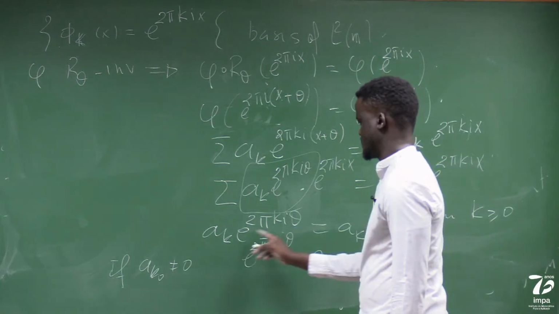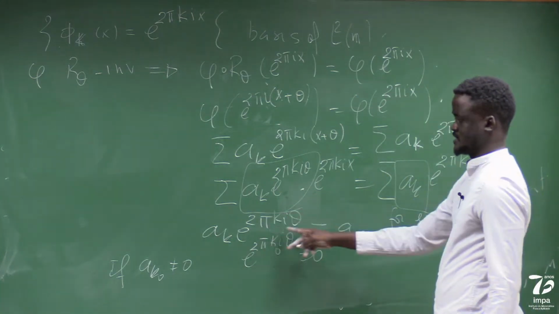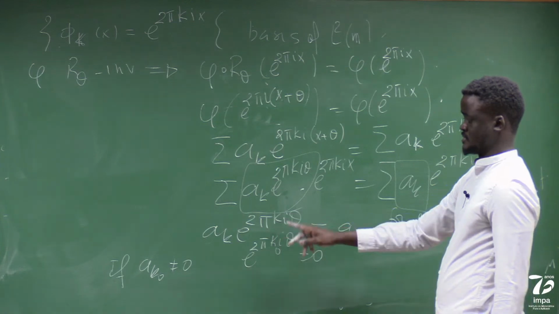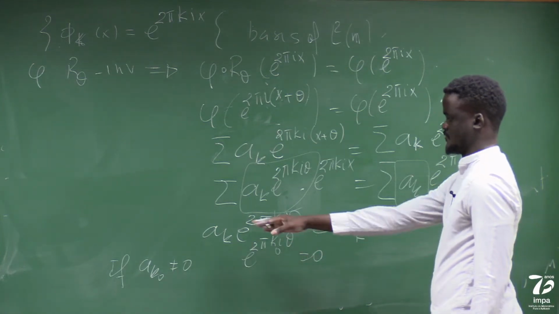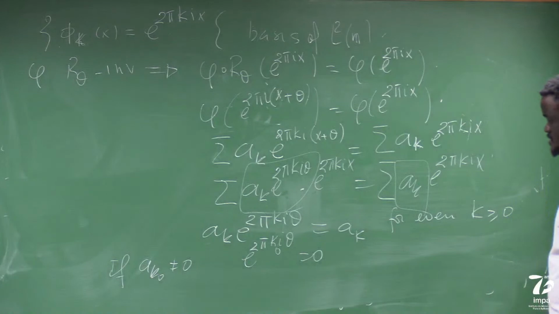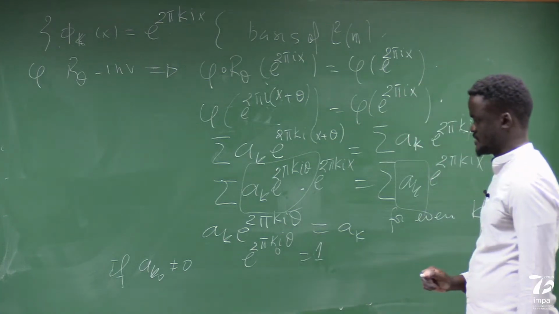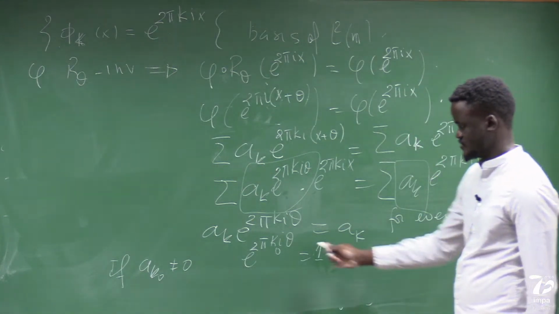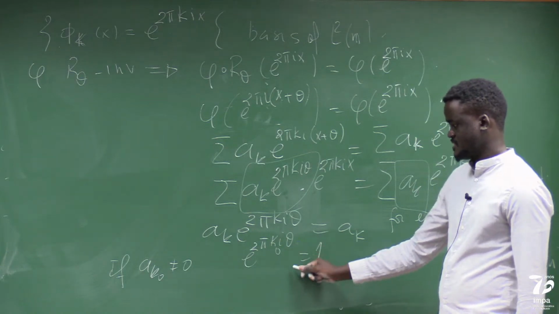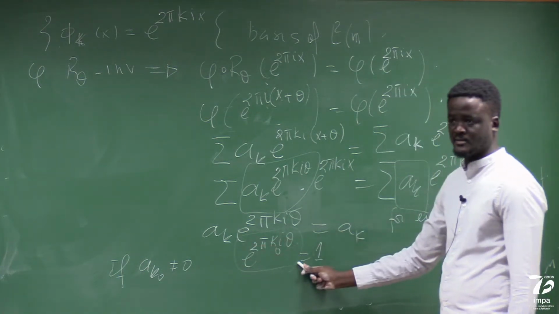So k naught should be bigger than 1 here, because for k equals 0, it is obvious, okay? For k equals 0, it is 1, sorry. So for theta being irrational, this is never 1.